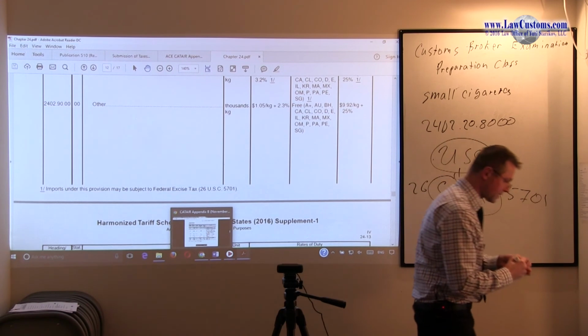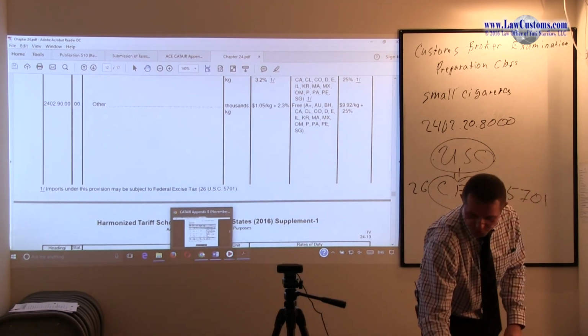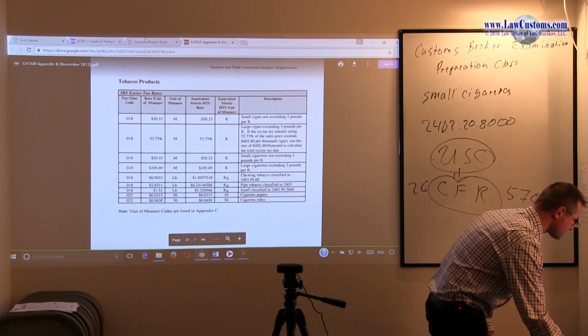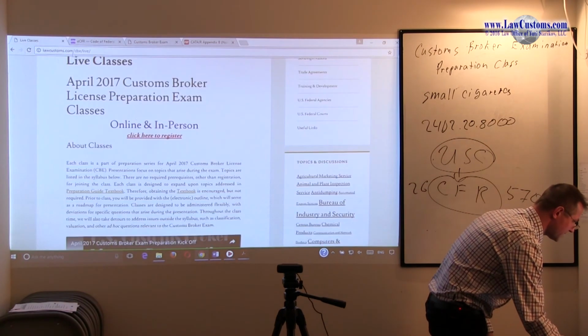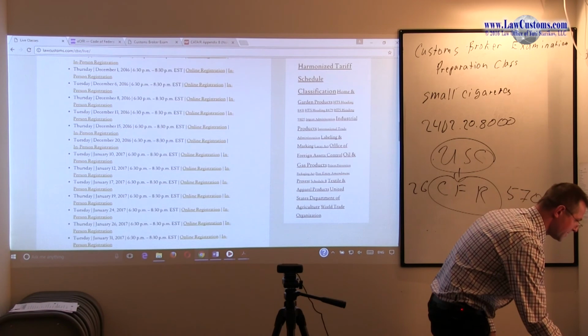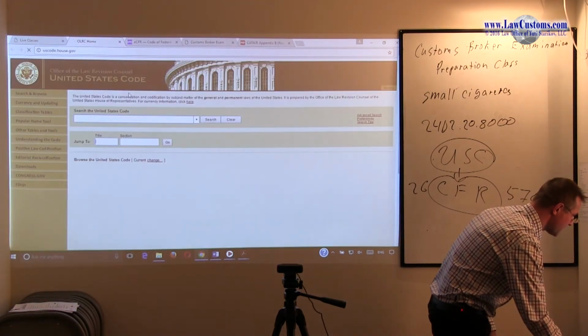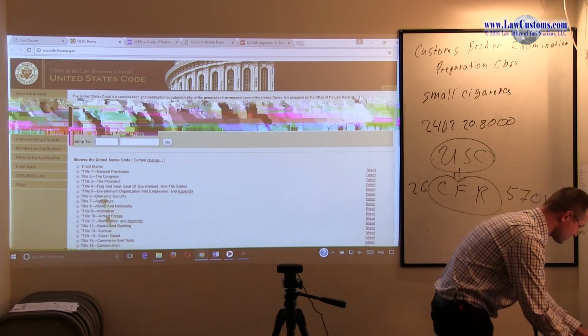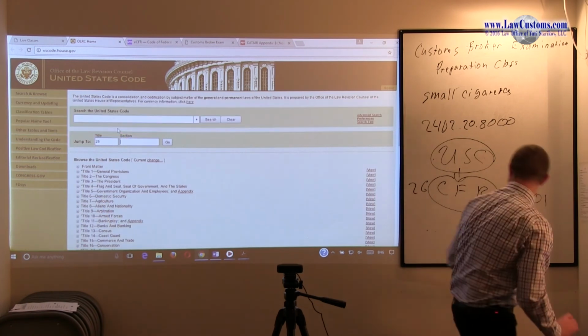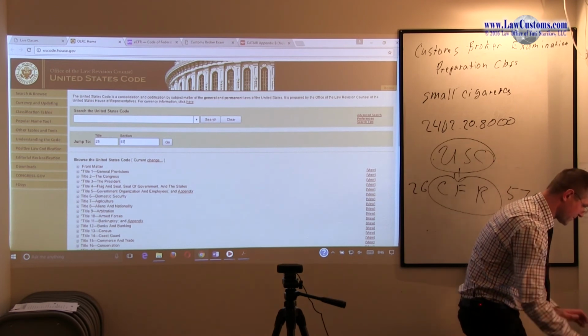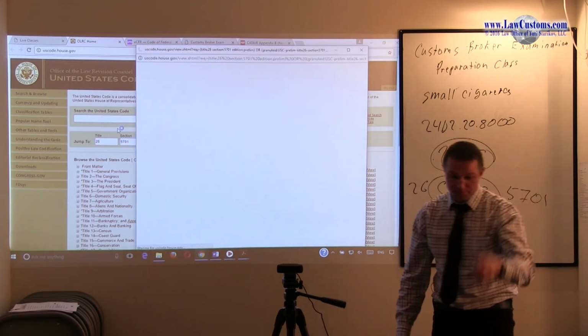All right. So my favorite lookup tool for the United States Code is right here. It's again on the worldcustoms.com website. Here, United States Code. It is published by the House, so we'll go with 26, and we'll go with 5701. All right, so check it out.